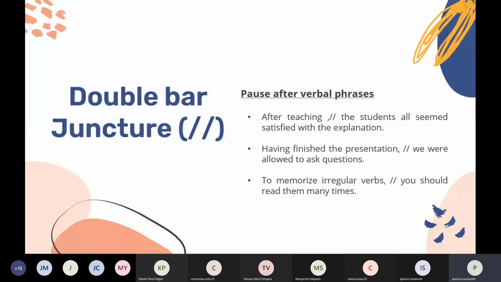I think he's not. Would you choose another one, please? Daphne. Can you read the last one? To memorize irregular verbs, you should read them many times. Thank you. Thank you all.